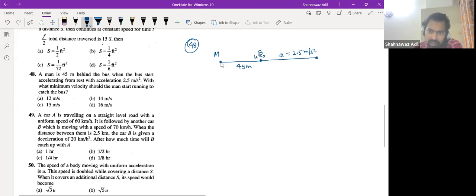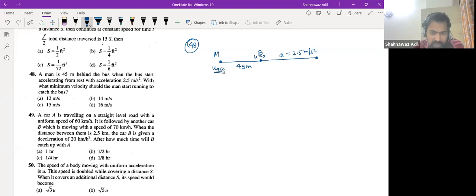So the man is running with some velocity, right? And remember, the man is not accelerating. Only the bus is accelerating. So we have to find out what minimum velocity, right? You are seeing that this is minimum.